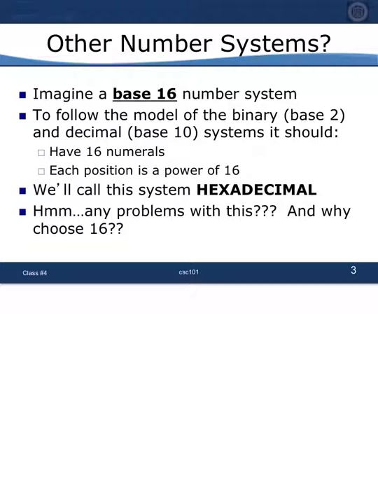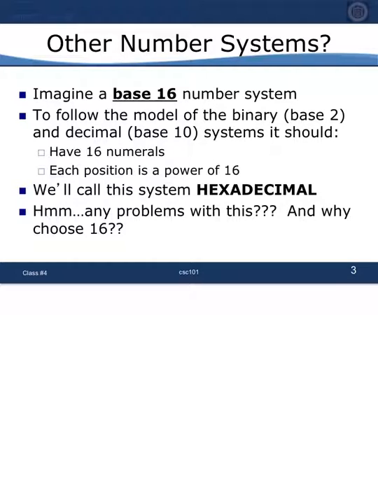I'll tell you how this fits in with binary in a little while. So let's imagine not our number system. We use a base 10 number system literally because we have 10 fingers. That's it. There's no amazing story as to why we chose 10. It's because we have 10 fingers and 10 toes. So let's skip that.